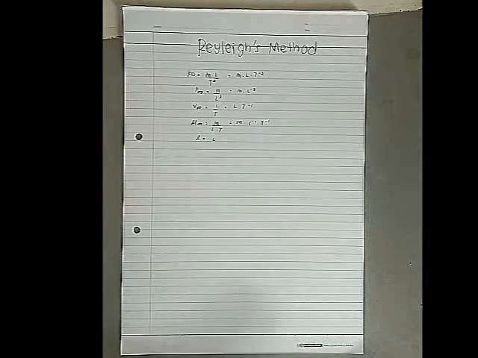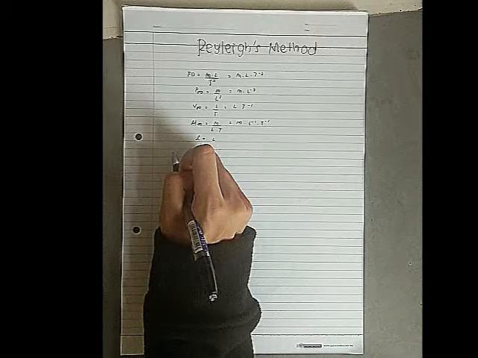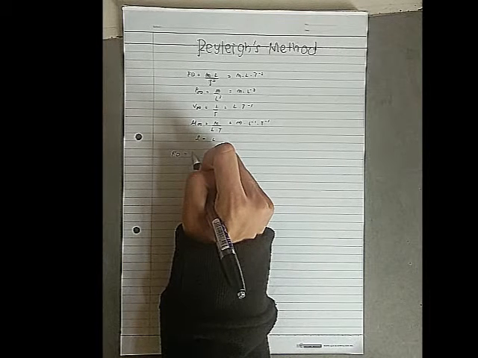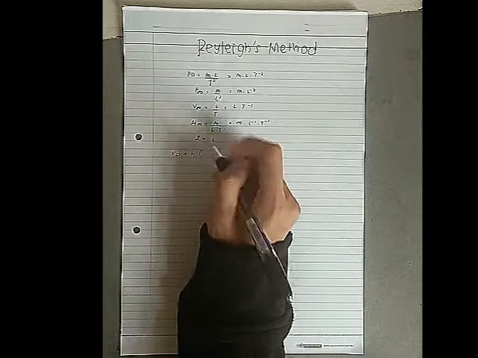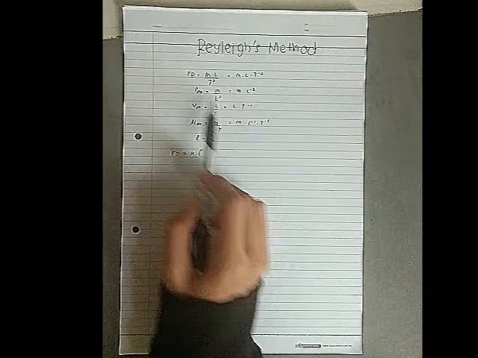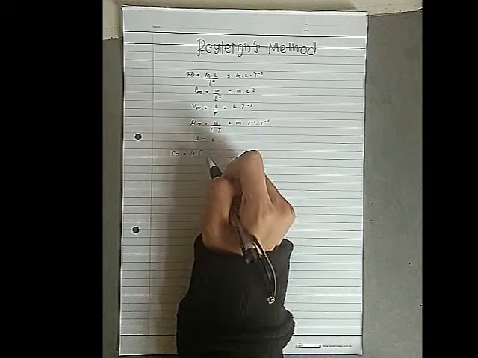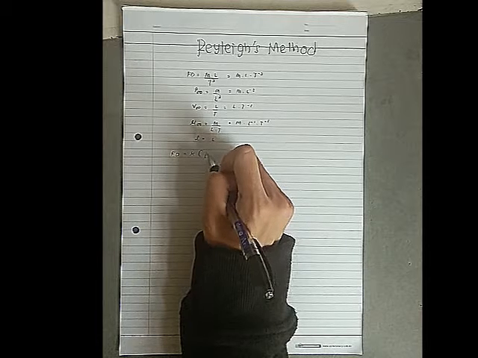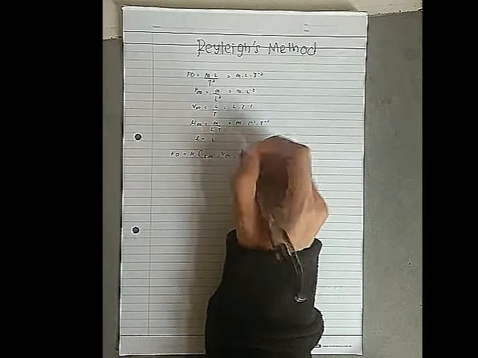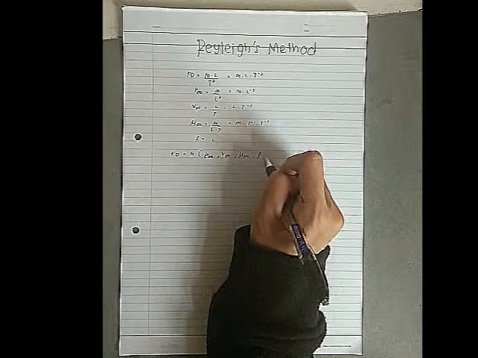First and foremost, you need to put an equation like this: force is equal to a constant, and we put all the variables. We exclude the force because we already put it on the left side, so we put all the other variables: density, velocity, viscosity, and length.